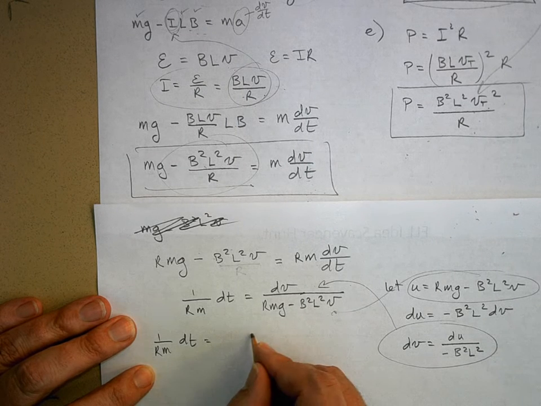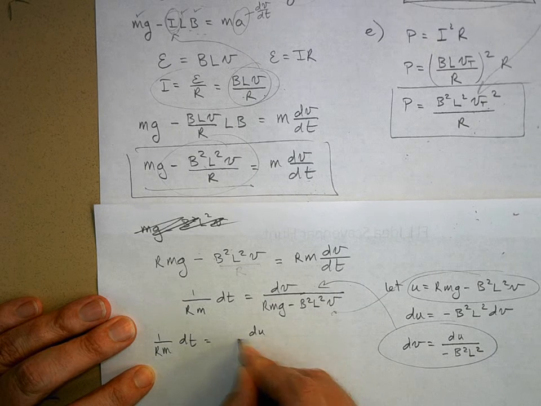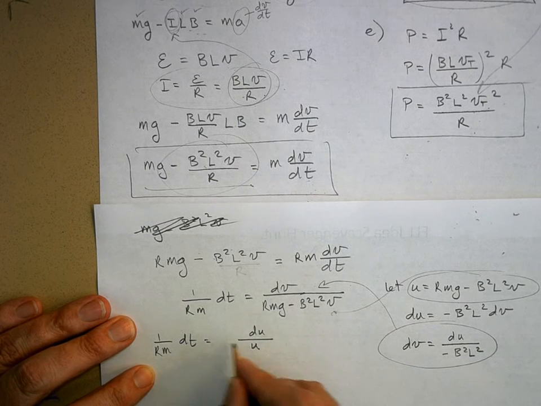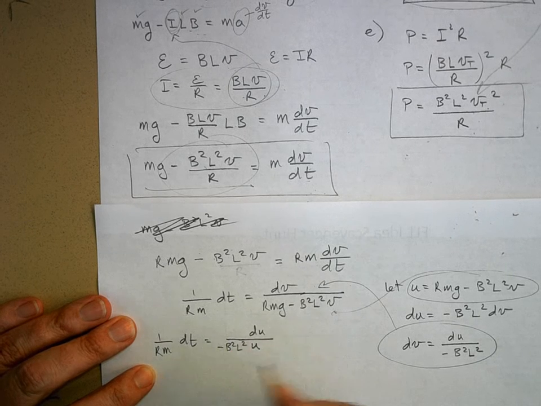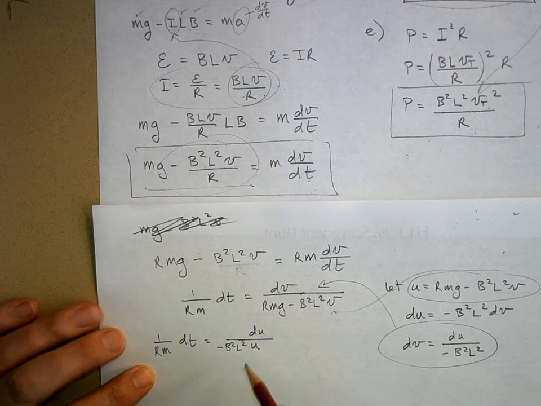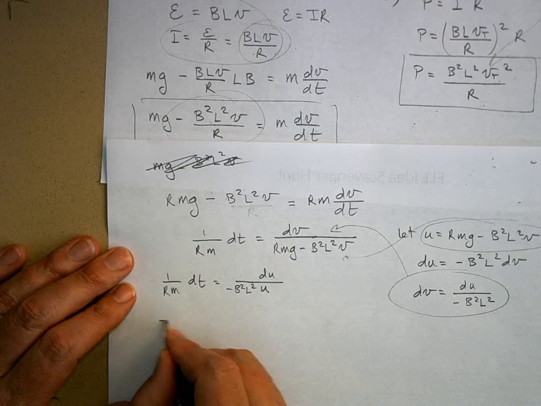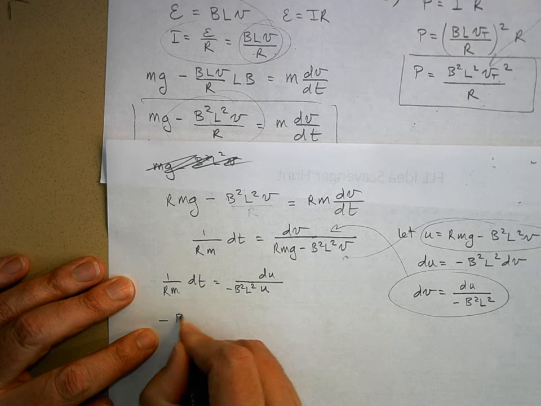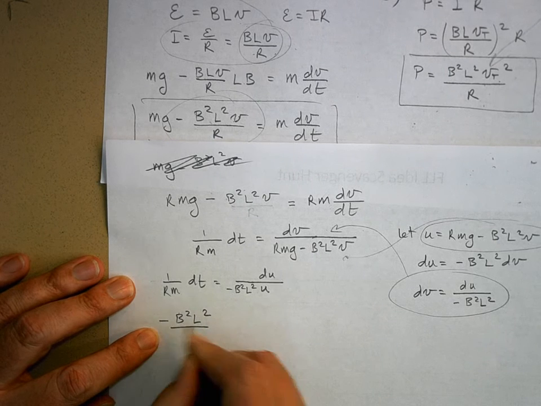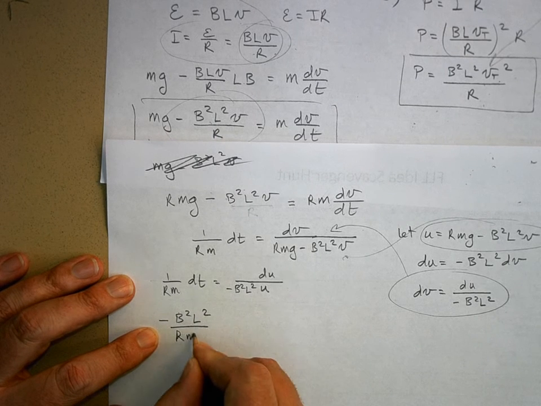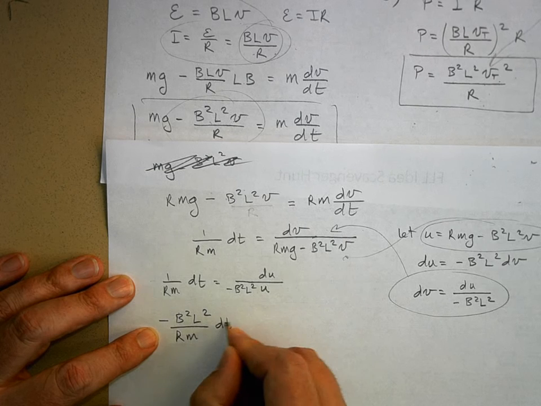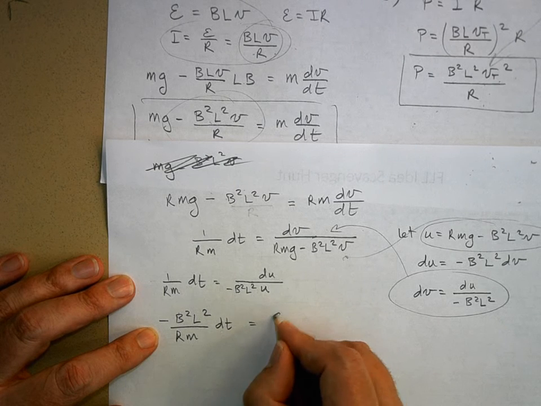So this is going to go up here. So I have a du over u, but I've got this negative b squared L squared. So I'm going to multiply both sides by negative b squared L squared, and I get negative b squared L squared over rm times dt equals du over u.